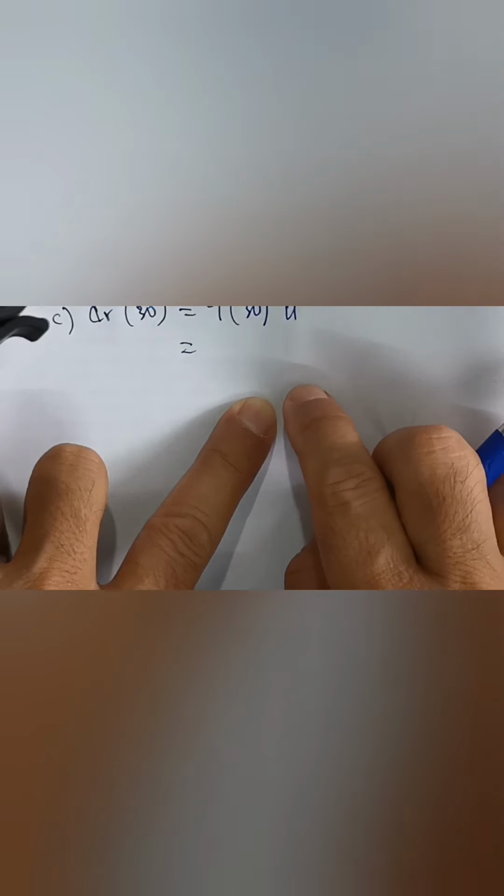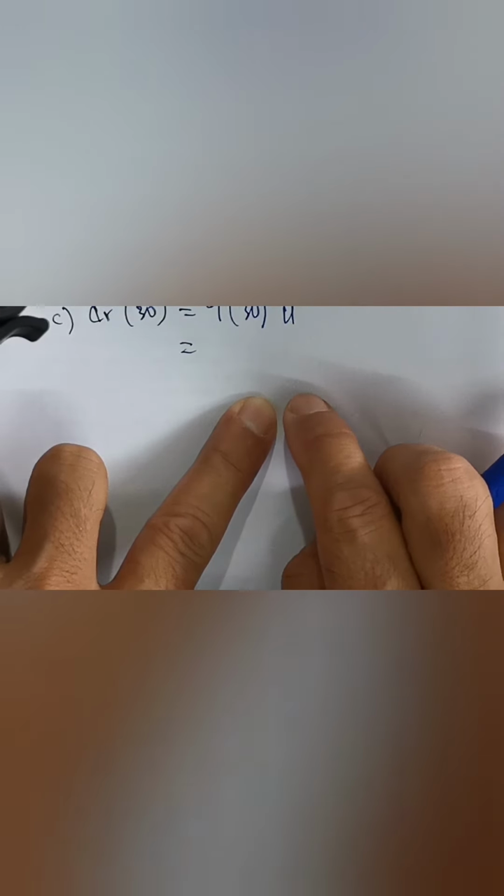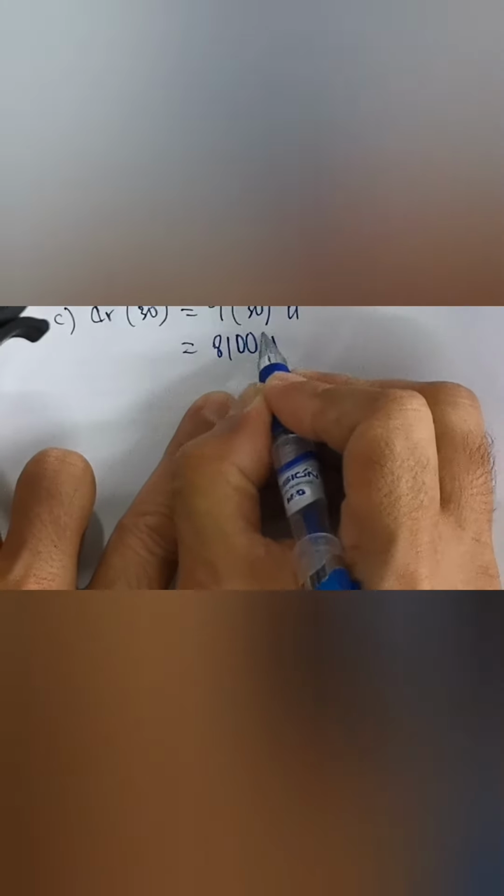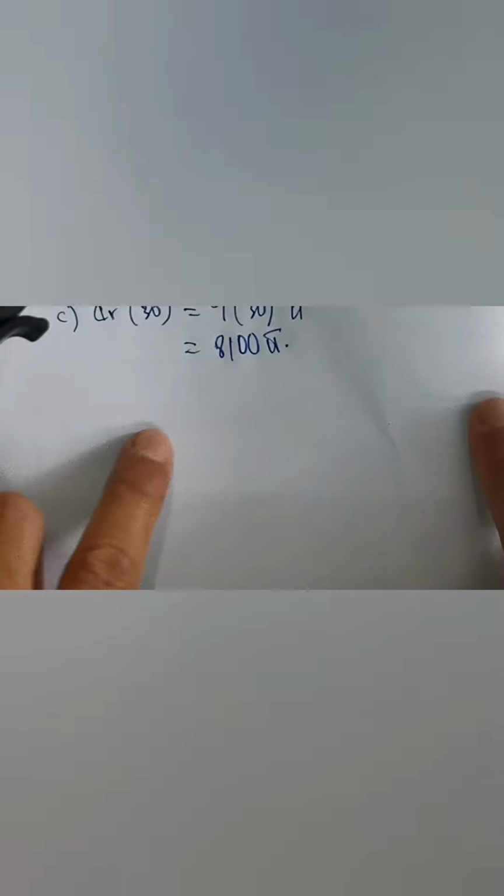In terms of pi, 30 squared is 900, times 9 would be 8100 pi. Okay, I just simplify like that.